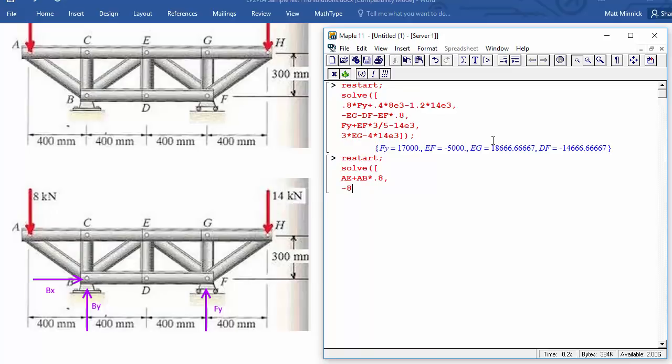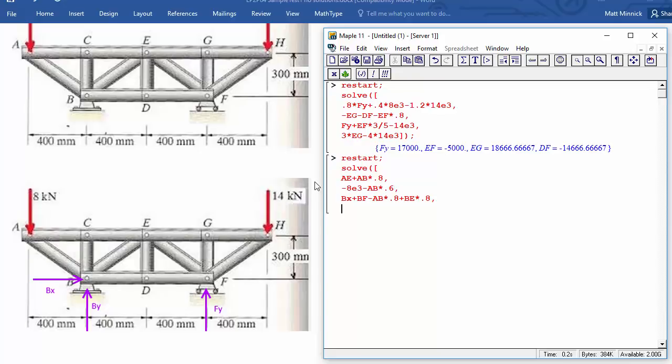The vertical, we'd have negative 8E3, and that's negative because it's pointing down on the thing, and then assuming the whole thing's in tension, we've got a pulling down force from AB as well, so minus AB times 0.6. Next, at pin B, we've got BX, we've got BF, minus AB times 0.8, the horizontal, and we've got plus BE times 0.8, horizontal component of that one.